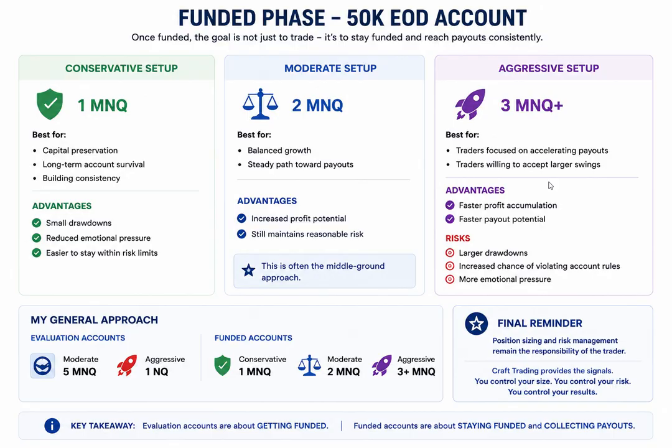This is how I approach the funded phase. I typically choose 3 setups: conservative, moderate, and aggressive. If it is very conservative, say I'm trading Oslo with 300 ticks take profit and 500 ticks stop loss. Having one MNQ gives me $150 on profit and $250 on a loss.